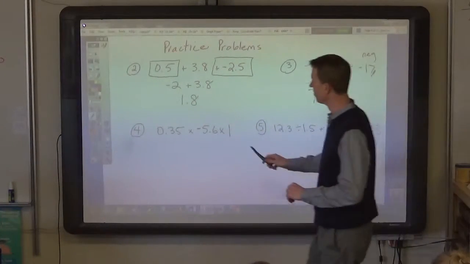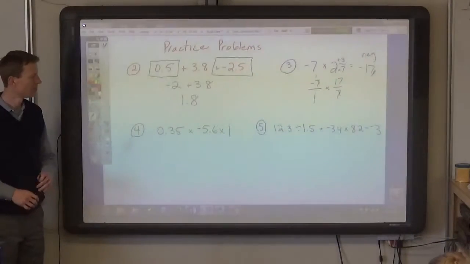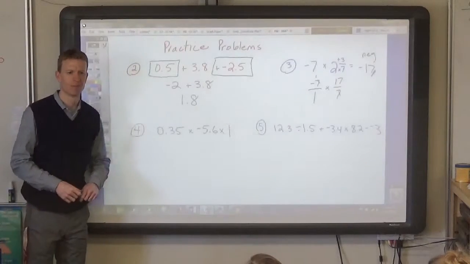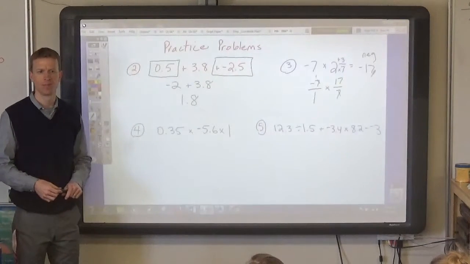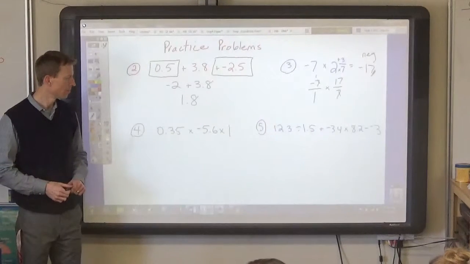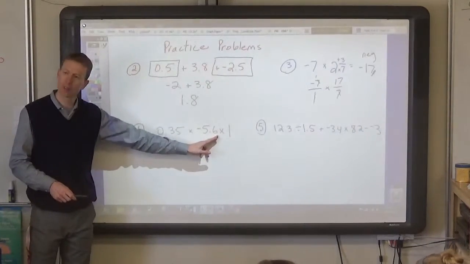How about this one? What would we do first? Bryce? Add the zero to the 5.6. Well, since we're not adding, we don't need a 0.